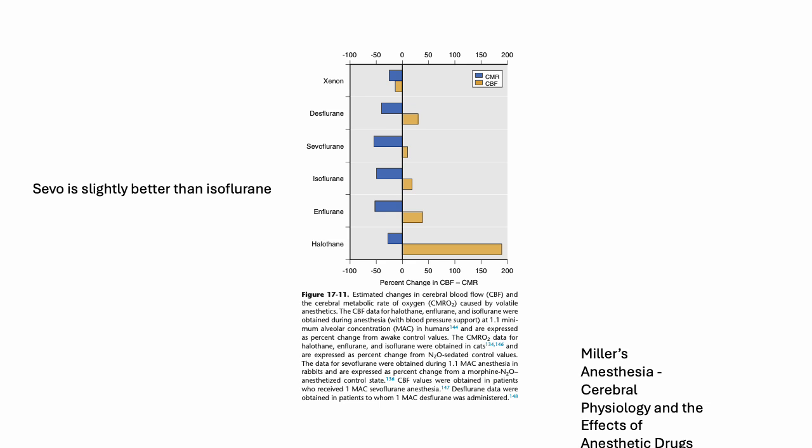How much better? It probably matters for a patient that's kind of on the edge of decompensating, but probably not enough to be a universal situation. But if you have a really sick brain disease patient and you want to use inhalant, SIVO will probably be the better one.